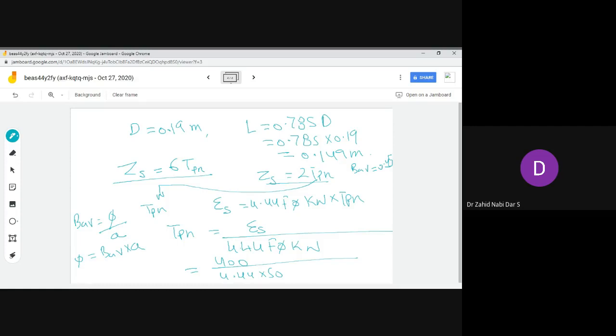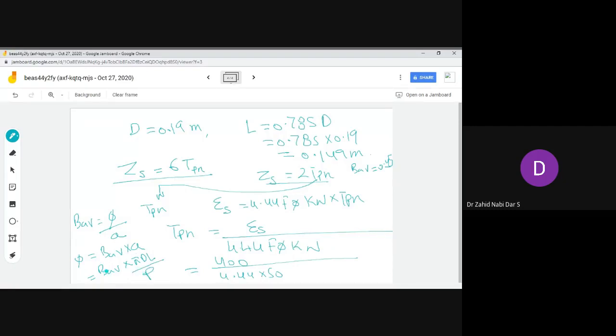Basically Bav into area, because the flux per pole is needed. So the area would be pi D L. Okay, but this area is for the entire machine, and you are interested in flux per pole, so you have to divide this by the number of poles.